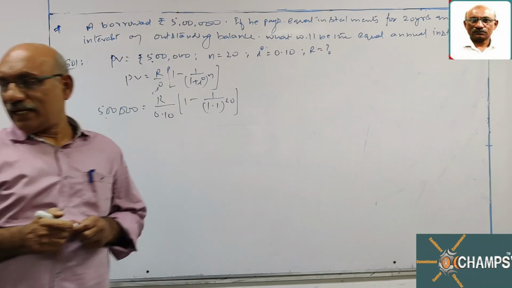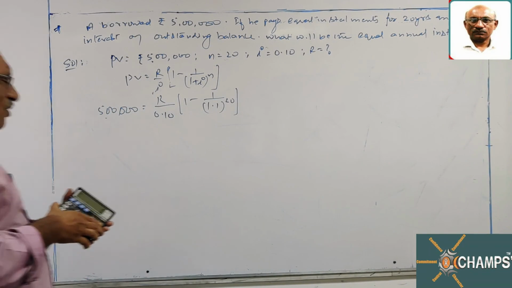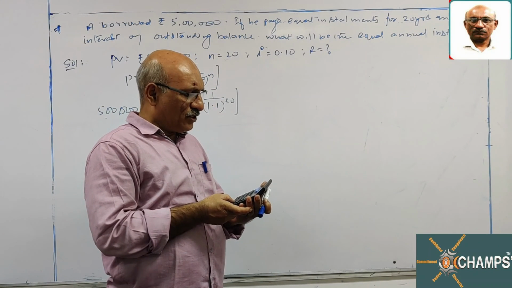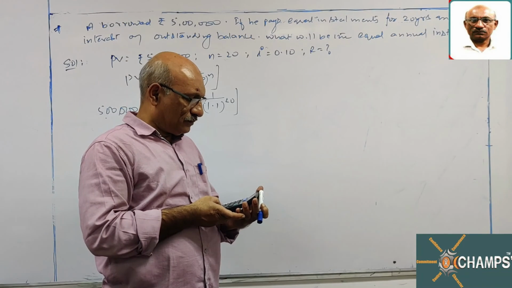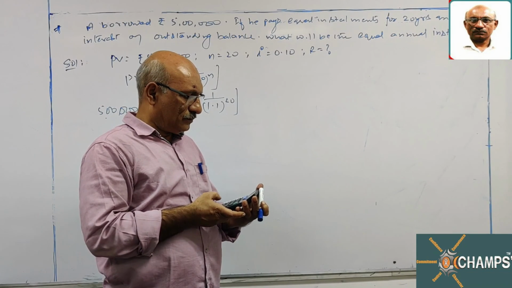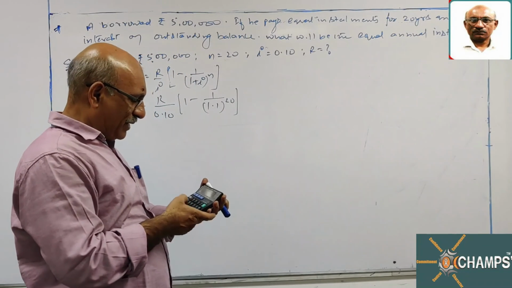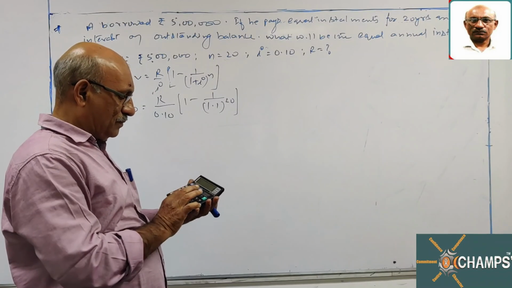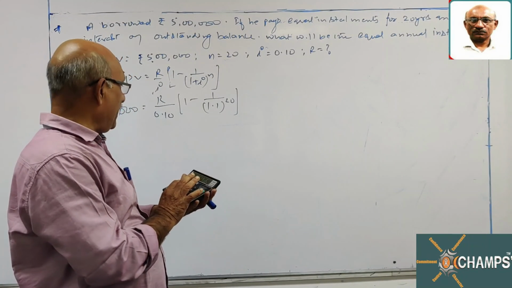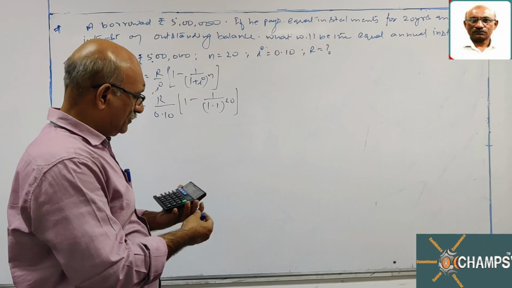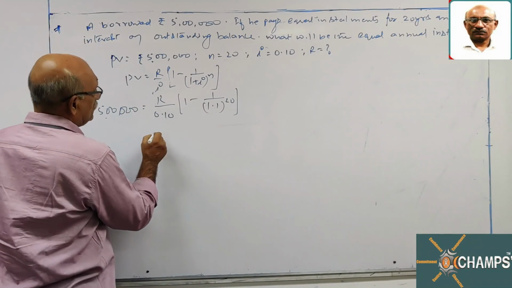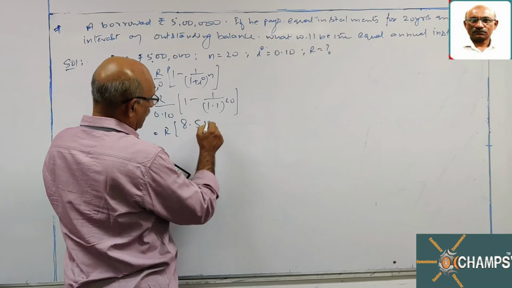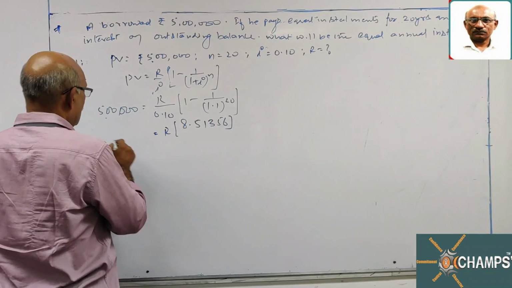Let us simplify this on calculator first. 1.1, power should be raised to 20. Memory plus, 1 divided by MRC minus 1, plus minus, and divided by 0.10. So this is equal to R into 8.51356, equal to 5 lakhs.